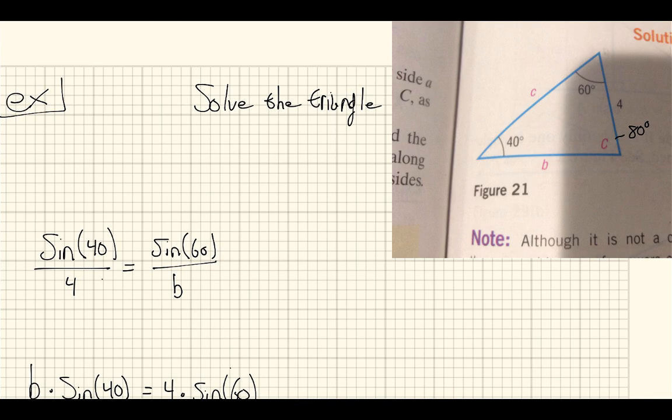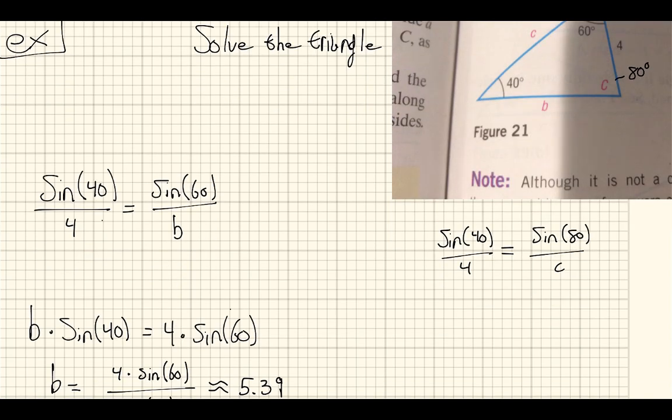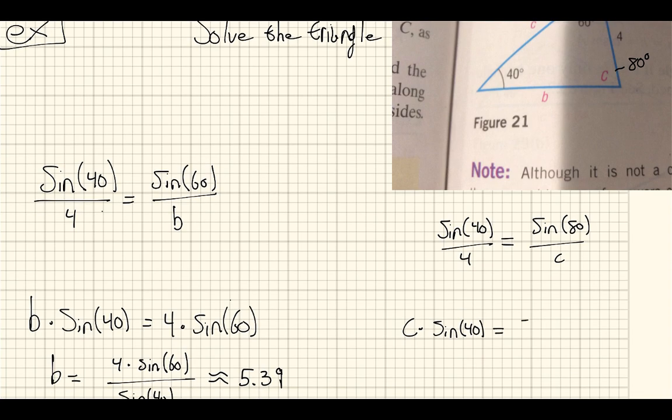Now we can set up very similar to how we did the last one. The sine of 40 over 4 equals the sine of 80 over C. Cross multiply. C times the sine of 40 equals 4 times the sine of 80.